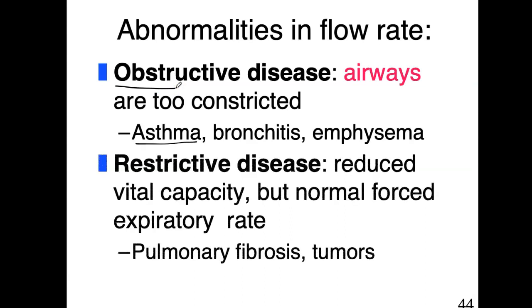We want to be able to tell that apart from a restrictive disease or a restrictive disorder. Let me word it differently. This has to do with the inability of the lung to function normally. So the lung itself is compromised.